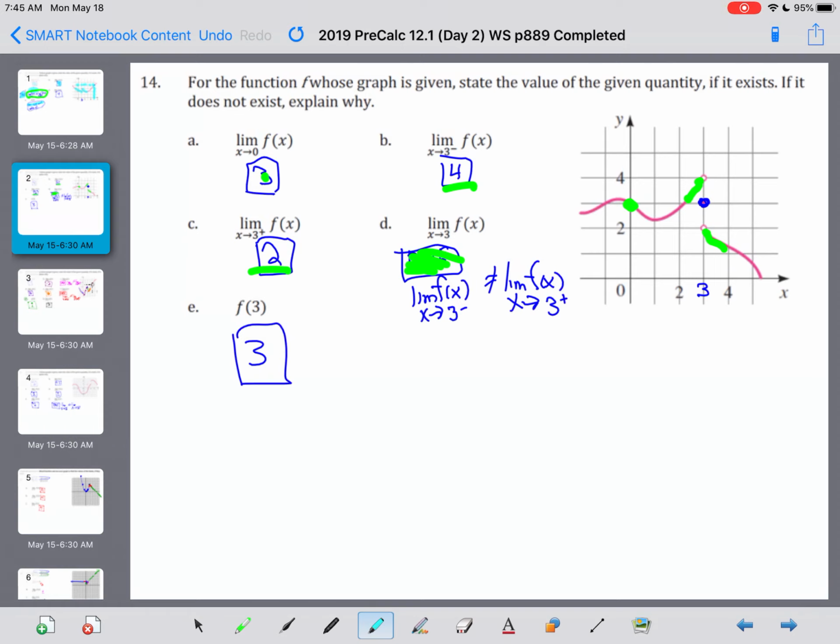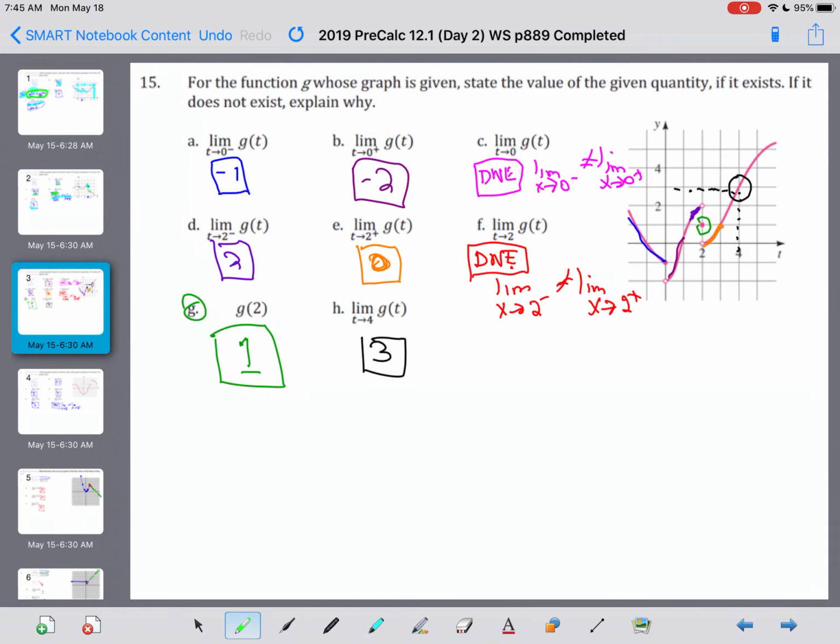And the reason is that the limit of the function from the left does not equal the limit of the function coming from the right. But in this case, since I do have a dot here at 3, right here, that will allow me to say I can figure out the function's value.